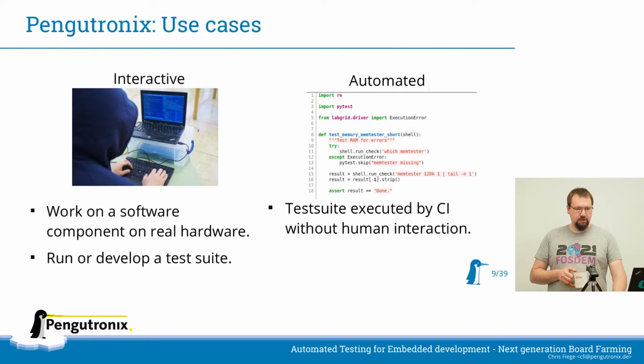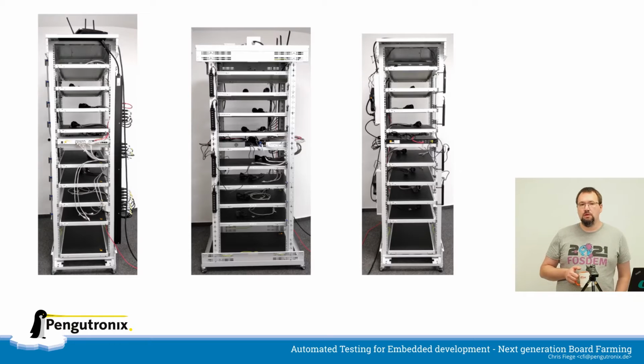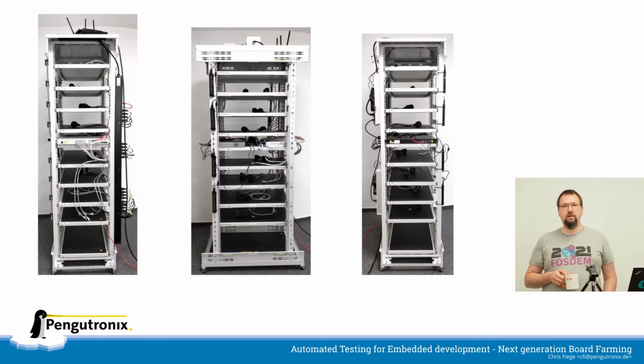How does such a lab look like? This is a newer one of those we have built during our home office peak time during the pandemic. It's a 19-inch wide server rack, just without the walls. And we have eight levels where we can put our devices under test, where each level has two slots for two devices under test.